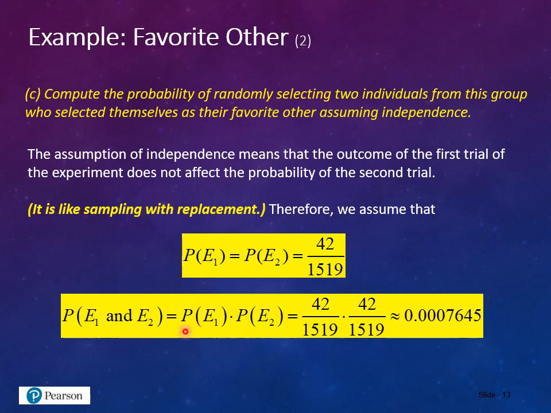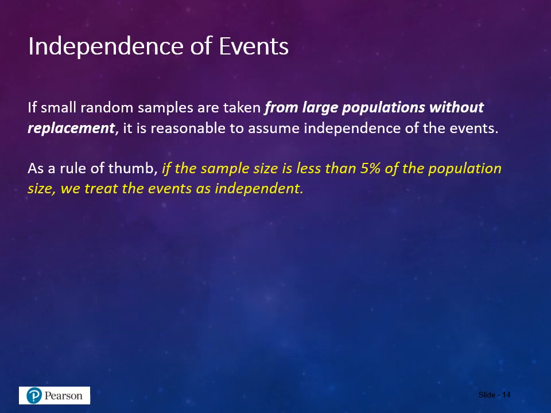This is the multiplication rule, the product of the probability of each event, which gives us 0.000765. It's not very different. The difference between replacement and not in this specific case is rather small.